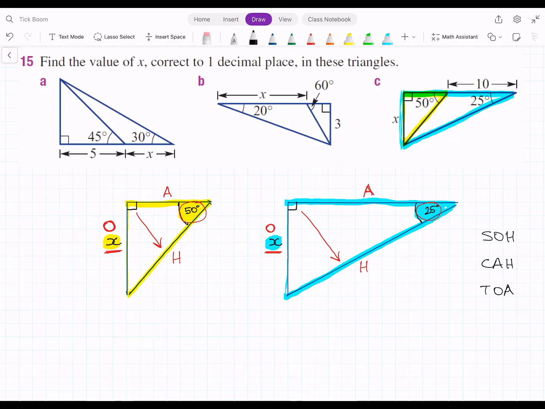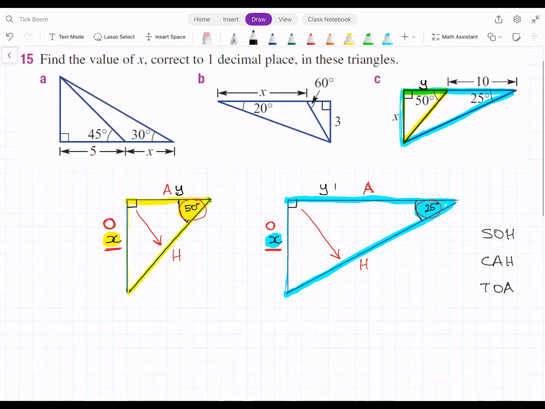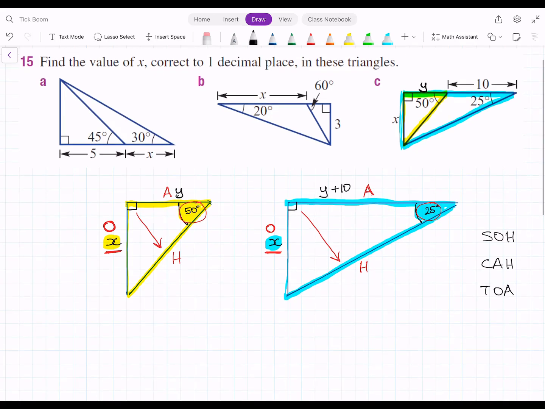So if I let this adjacent side in the smaller right angled triangle be y, which corresponds to this part here of the original diagram, then the adjacent side of the larger blue triangle would effectively become y plus 10. Since we know about the 10, and we've defined the remaining part of that long side to be y. So that's how we get y plus 10.